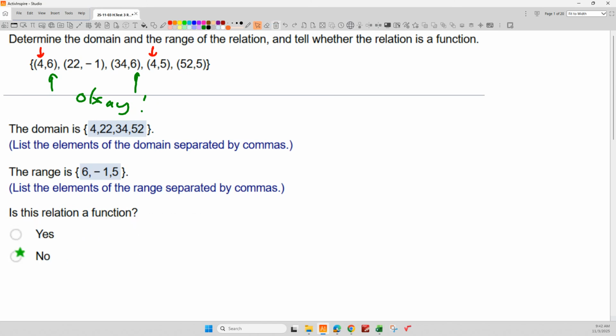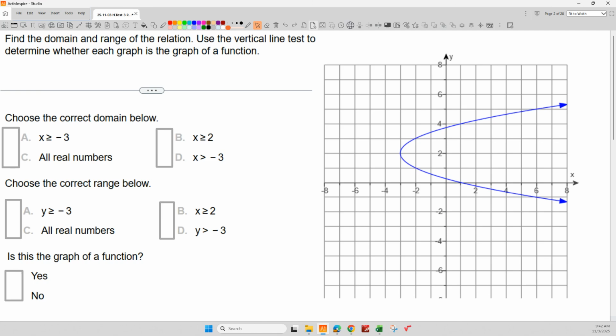Okay, give me thumbs. We all good on that? Perfect. All right. How about one like this where they give you a graph? Okay, first of all, think about this for a second. What's the domain of this function? X is greater than -3?